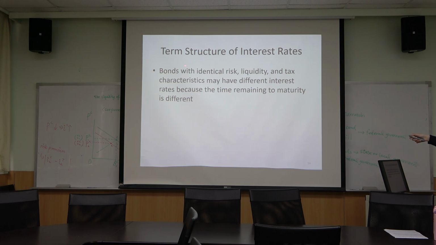It says bonds with identical risk, identical liquidity, and identical tax considerations may have different interest rates. Why is that? Because the time remaining to maturity is different. So even though bonds have the same risk, liquidity, and tax considerations, their interest rates are different because of different maturity.